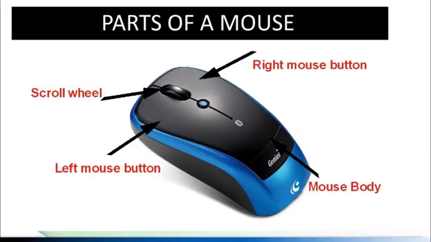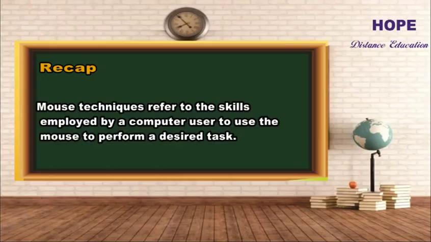Then the bigger portion of the mouse, where we normally place our hand, is called the mouse body. We further explained mouse techniques as the various skills the computer user employs in using the mouse to perform a desired task.